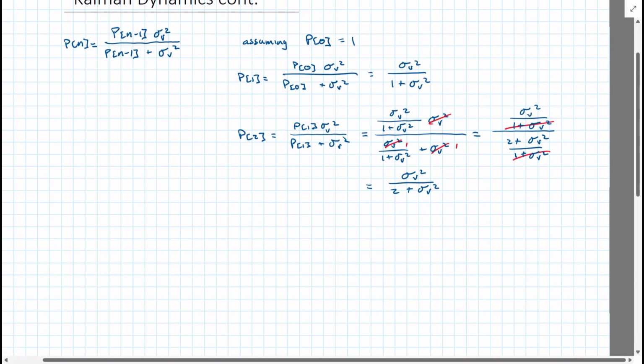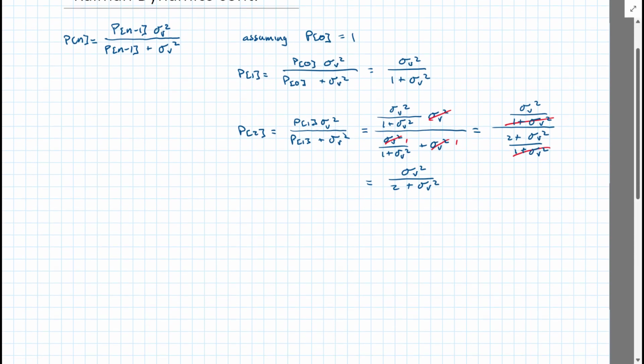So at this point we can use induction and find out without too much effort, and following the same procedure, that we get sigma v squared over n plus sigma v squared.